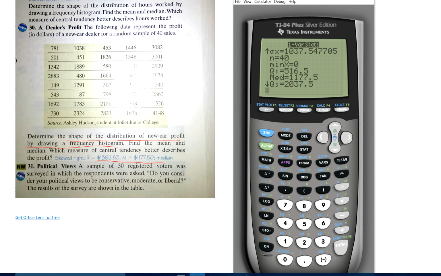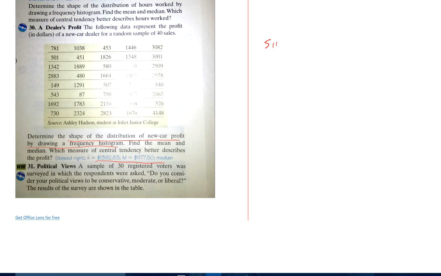So I'm going to say this: since the distribution of profit on new cars is skewed toward the higher numbers, the median is a better measure of center.